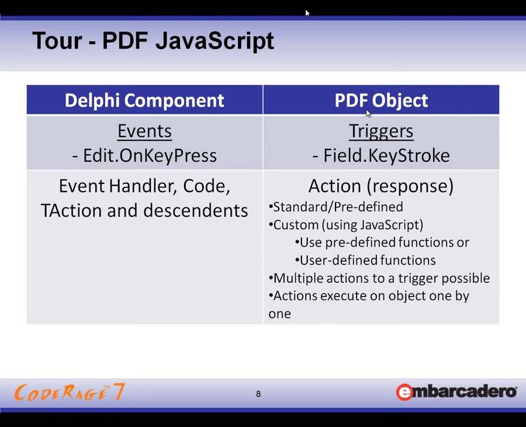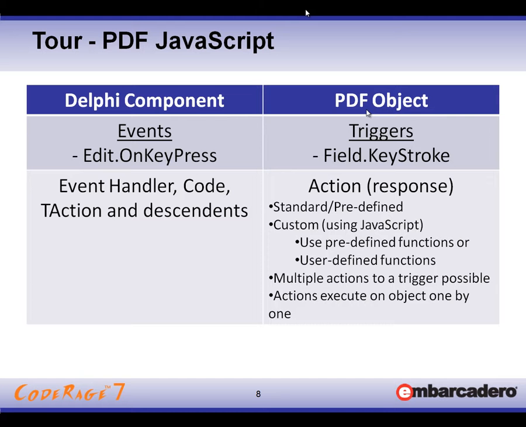So a field has a keystroke trigger, which roughly corresponds to an edit control's on key press, and actions in PDF correspond actually to the event handler and the code we write in those event handlers. So there are triggers, which are similar to events, and there are actions, which are similar to the event handlers and the code we write in them, and the actions actually more closely correspond to the T action and its descendants as in Delphi.